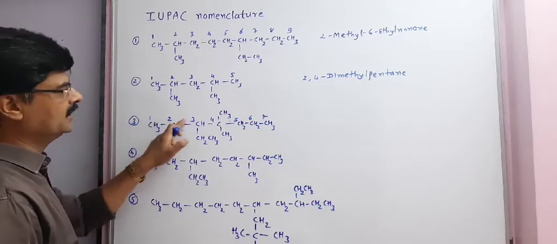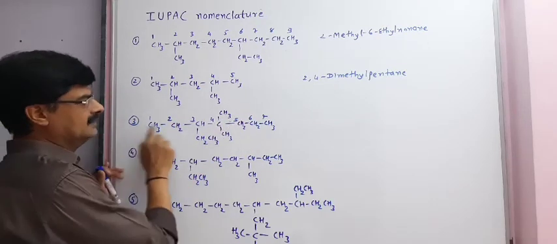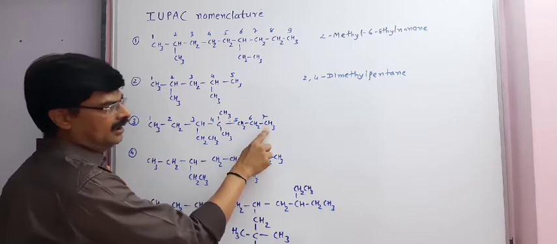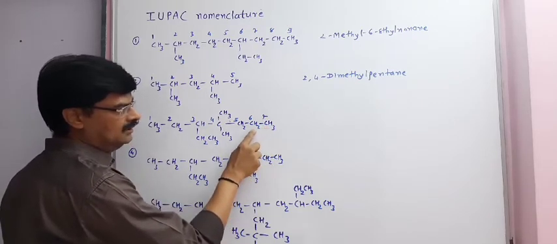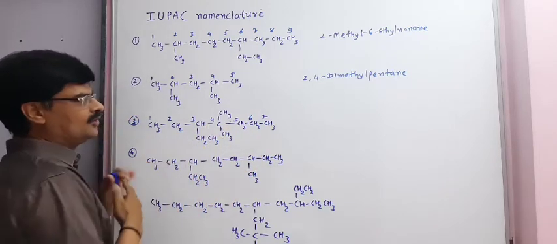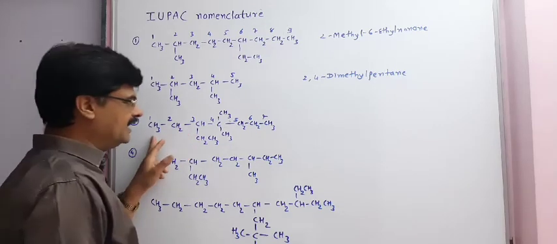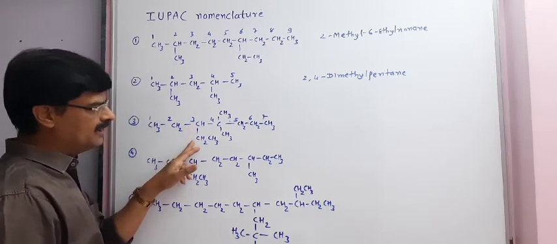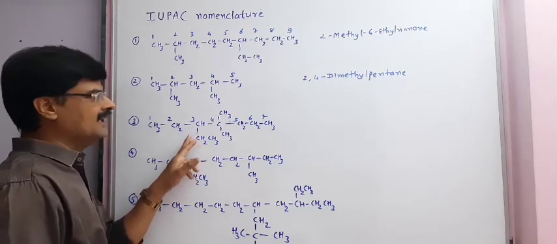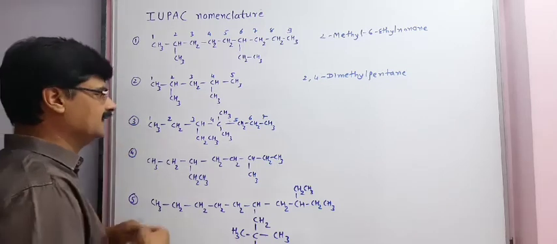Now next, 1, 2, 3, 4, 5, 6 and 7. From the left hand side we get a total number of carbon atoms 7, the longest chain. Or from the right hand side, 1, 2, 3, 4, 5, 6, 7. So it is better to give numbering from the left hand side because the 3 number carbon having the ethyl substituent will get a lower number, and that is why we will start giving numbers from the left hand side.